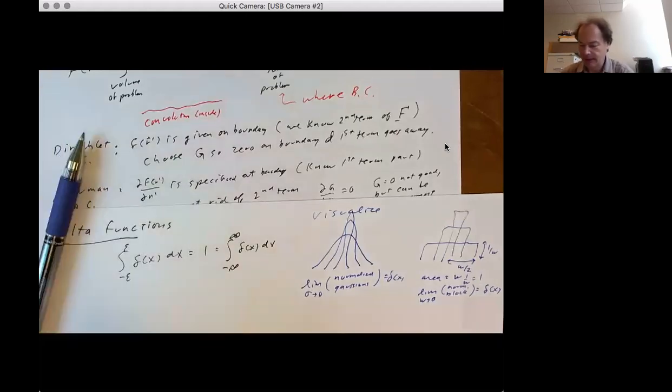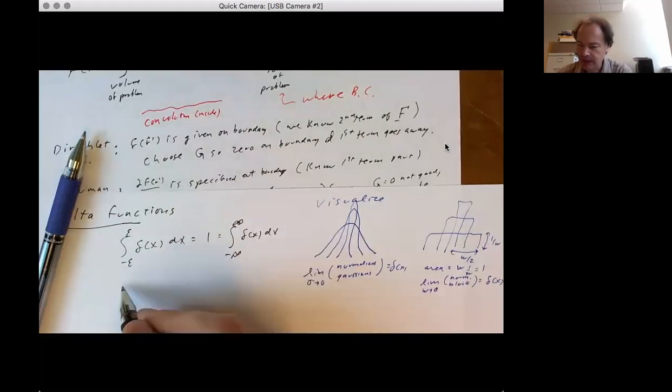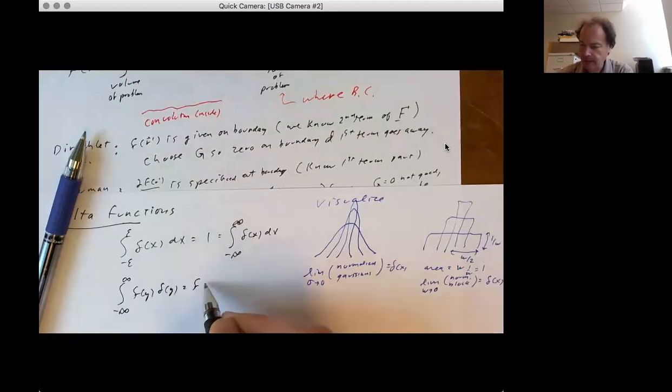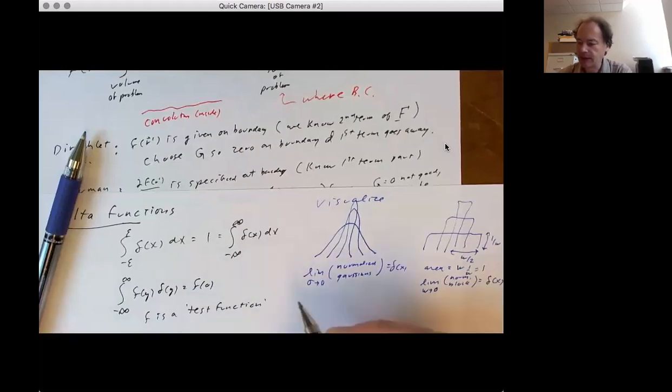Now, as far as use, the integral from minus infinity to infinity of f of y delta of y is equal to f of 0. f is a test function that has to satisfy certain integrability conditions and a few other things that I won't get into here.